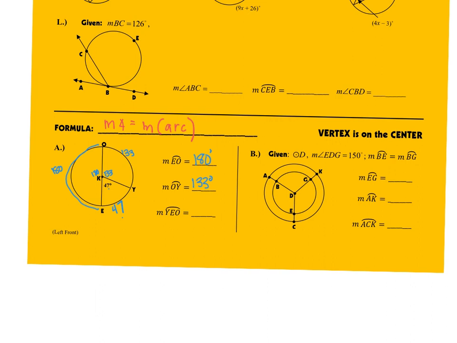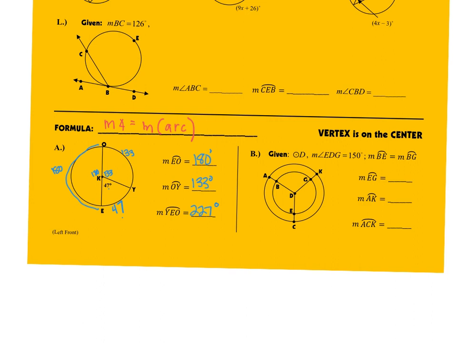And then the last one that they're asking for on this one is the measure of arc YEO. So all of this. So it's going to be the 180 of the semicircle plus the 47 of that central angle, and that is going to give us 227 degrees.